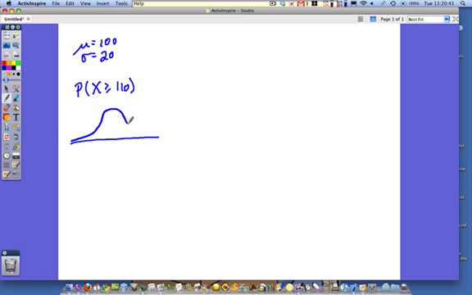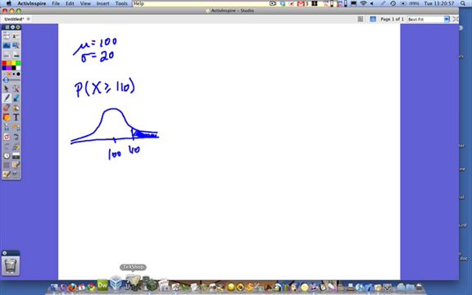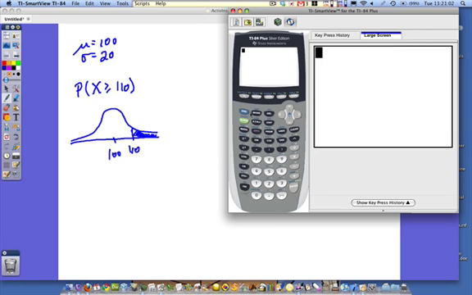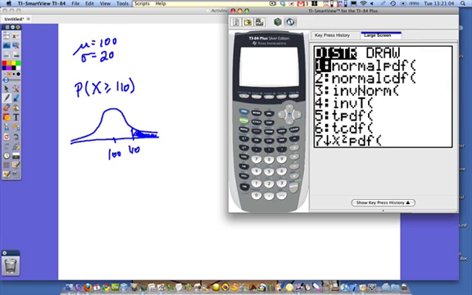I'm going to put the mean here at 100. I'm interested in 110, and look at the inequality. The random variable is greater than or equal to 110, which means I need to shade the right side like that.